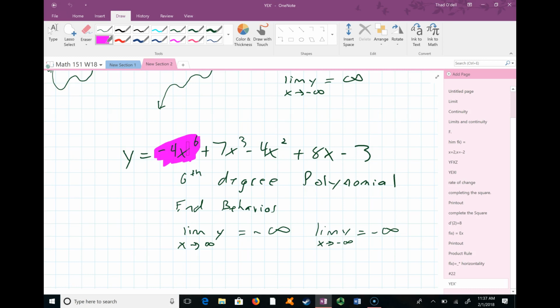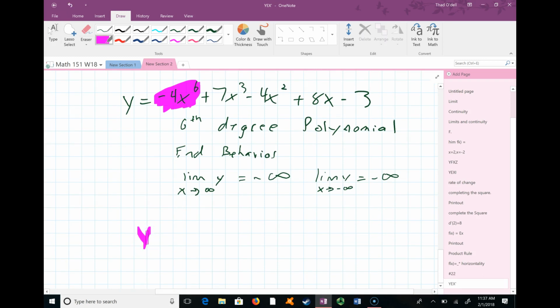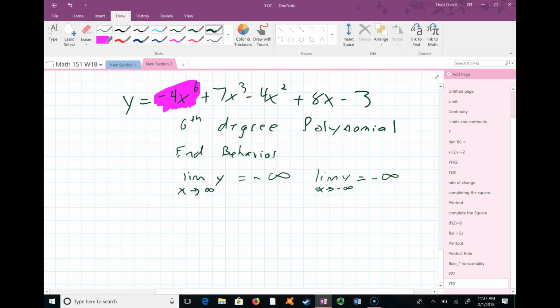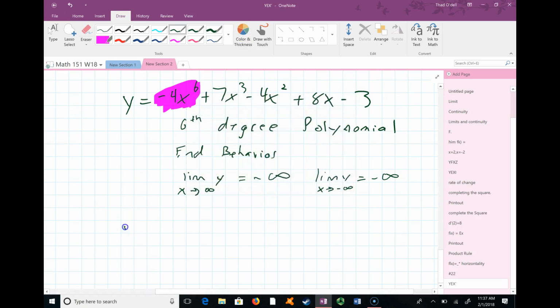So another way to say this is the end behavior of a polynomial is really the same as the power function of the same degree. In other words, this thing really just behaves like y equals negative 4x to the 6th.